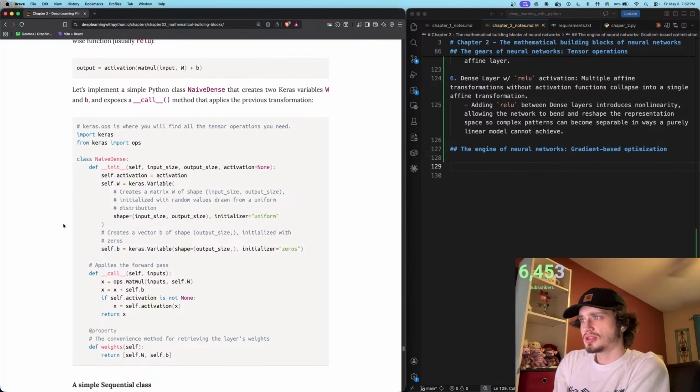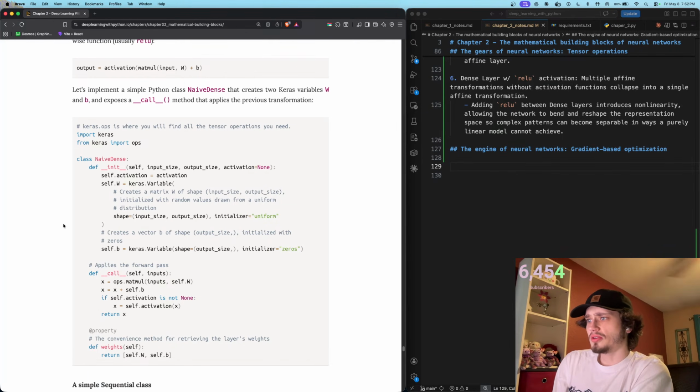This creates a matrix of weights, shape input size by output size, initialized with random values drawn from a uniform distribution. Then we create a bias, self.b, which is a keras.Variable with shape equal to the output size, so it's a 1D tensor, and we initialize it to all zeros.